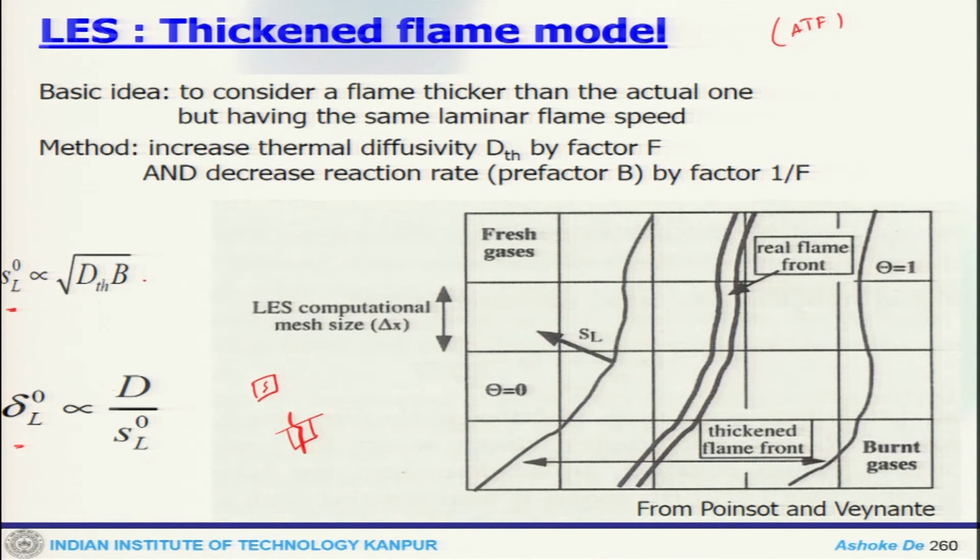So essentially this would look like SL naught, which will look like F times the diffusivity times B by F. That means at the same time you reduce the reaction rate by the same factor, so the way it is done, it does not change those properties.